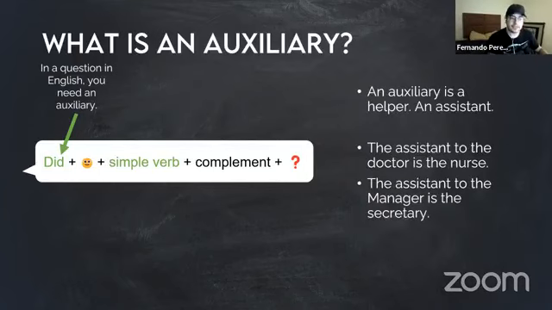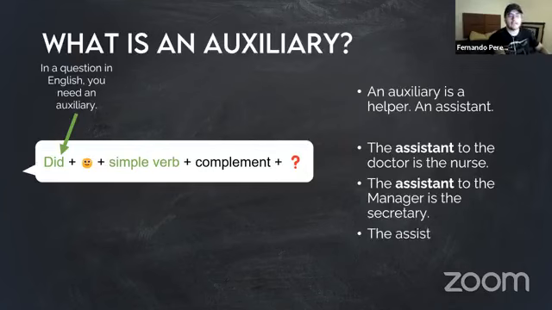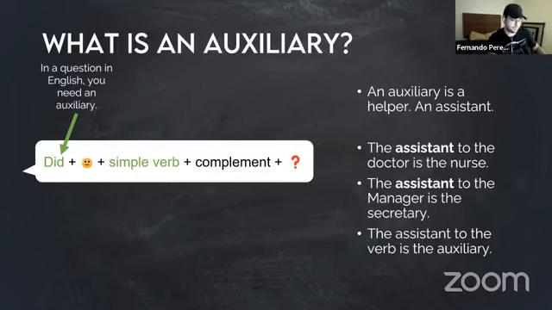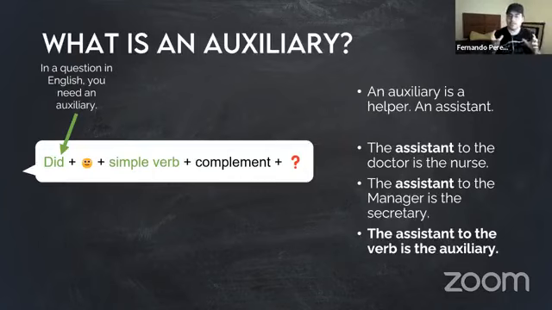The assistant to the doctor is a nurse. The assistant to the manager is a secretary. The assistant to the verb is the auxiliary. Similar to this logic, we need to mentalize that auxiliaries are necessary in English to assist the time. The auxiliary determines time.